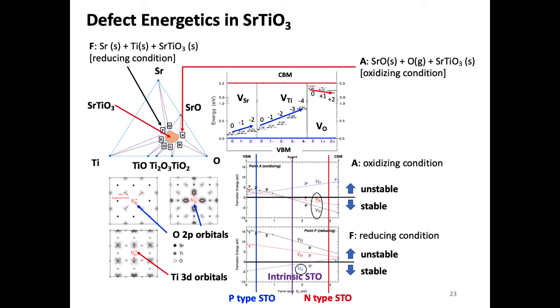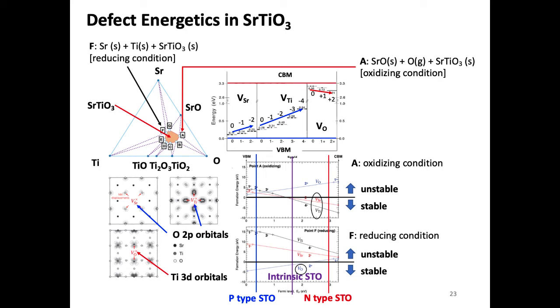And you can see the Kröger-Vink diagram, where this is an isotherm, so on this plane the temperature is constant, and among many points on this diagram we will pick 2 points, A and F, where A is in oxidizing condition and F is in reducing condition.